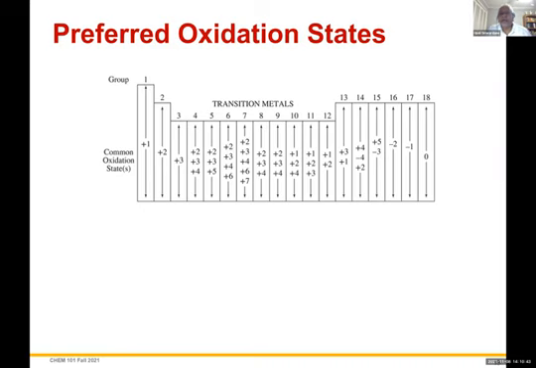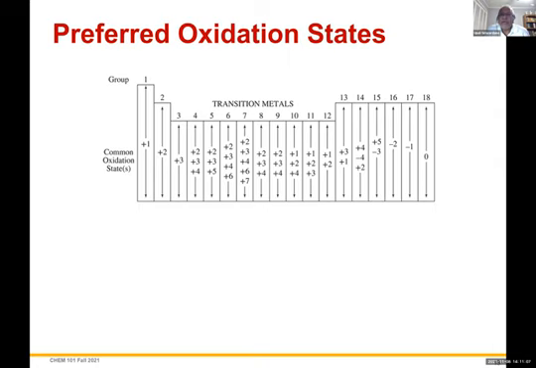If you look at group 13, they have only fixed charges, +3 and +1, +4, -4. The tin could have +4, -4. So there are variable charges in groups 13, 14, 15.